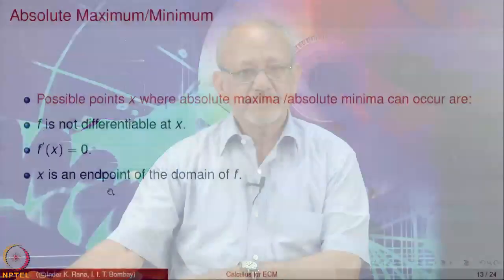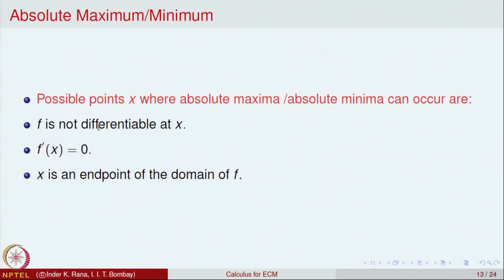So, that theorem is very useful in ascertaining that a function has an absolute maxima or minima in the domain. So, mostly we will look at domains which are closed bounded intervals and functions which are continuous. Once that is ensured, you look at the set of points where f is not differentiable, where the derivative exists and is equal to 0, or the end points. Compute the values of the function at these points, compare, and see what the maximum and the minimum value of the function are.